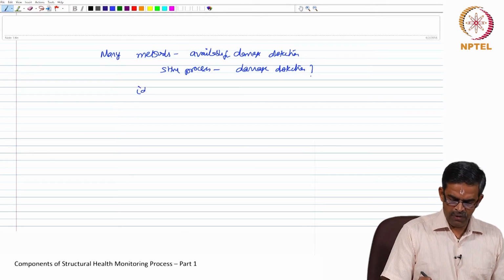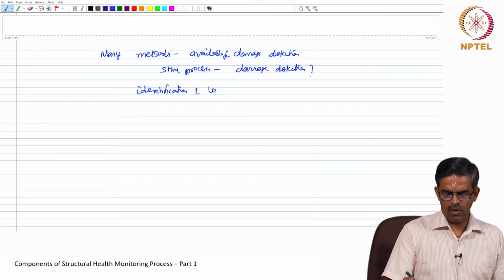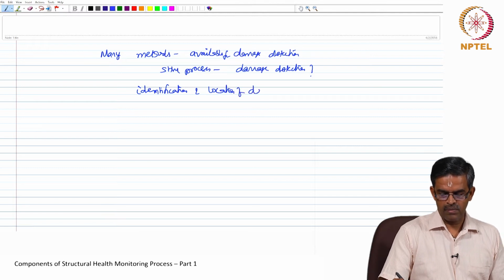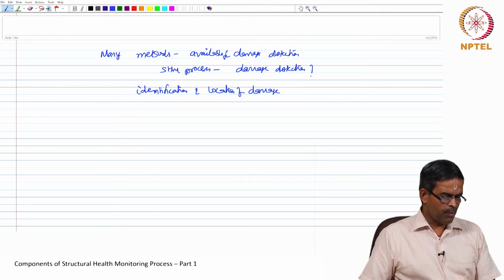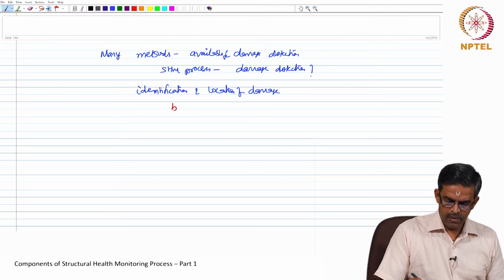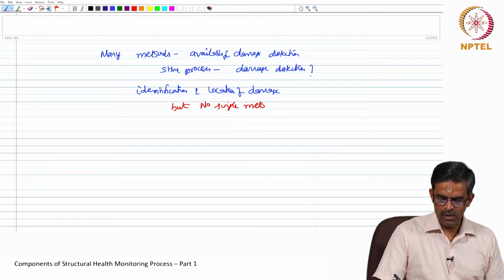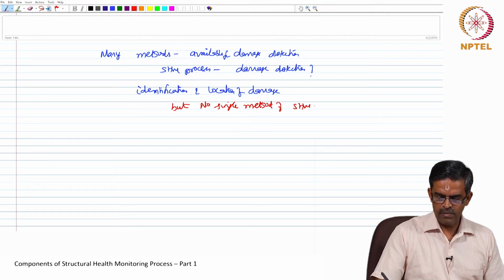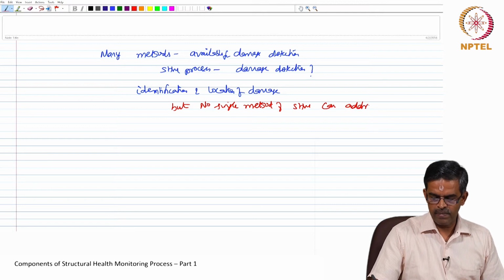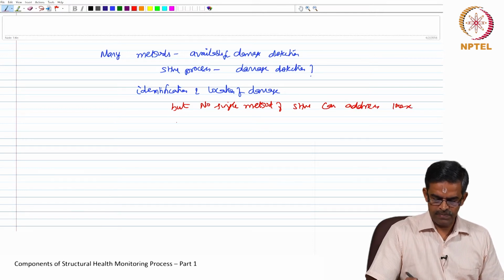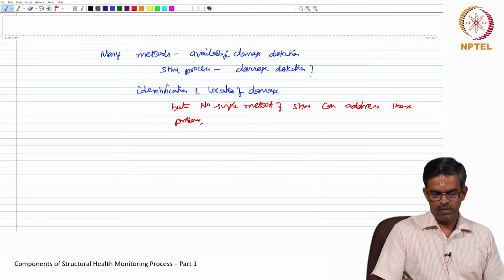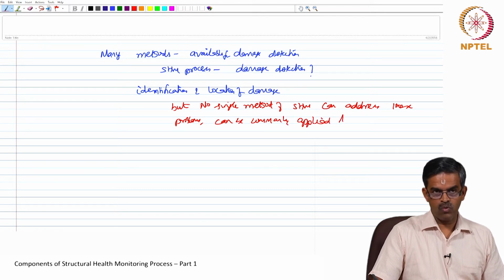Therefore, identification and location of damage is very important, but interestingly no single method of SHM can address these problems, which can be commonly applied to all structures.